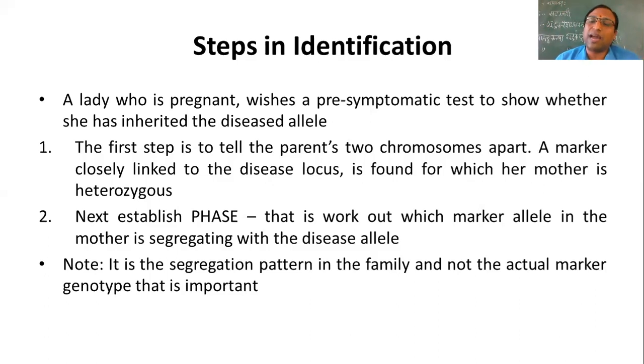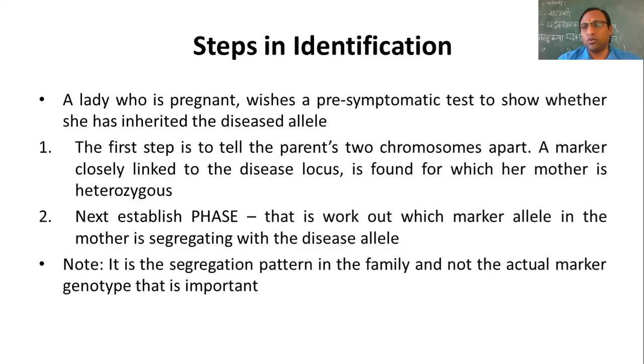So here they have to check the mother as well as the father, and the mother is screened mostly in a detailed manner so that they can identify whether she is a carrier or not, or whether she possesses something which she is giving to the baby. The next step is the phase, that is, work out which marker allele in the mother is segregating with the disease allele.